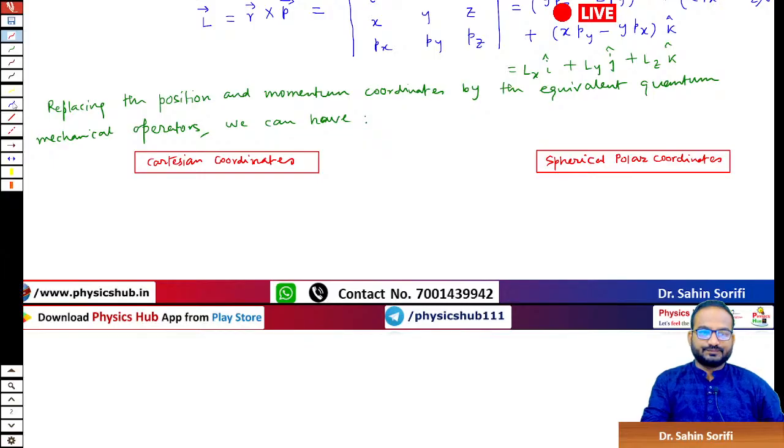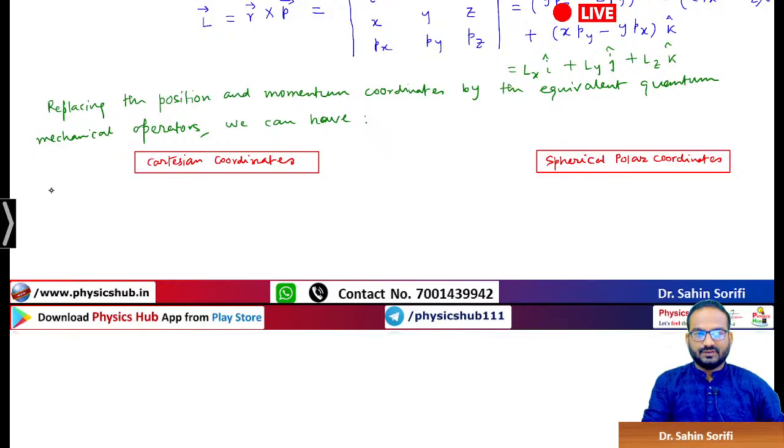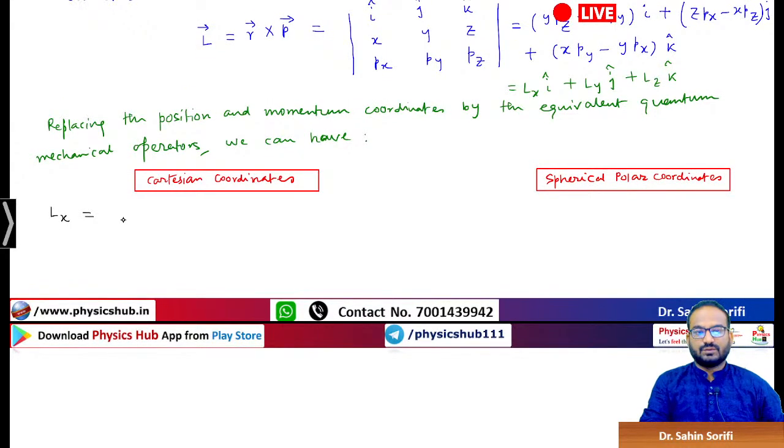So first of all, we have Lx equals, as you can see, y pz minus z py. So we have to replace these with their corresponding quantum mechanical operators. So this is L x cap equals y cap pz cap minus z cap py cap. So we have to add caps to make them quantum mechanical operators.